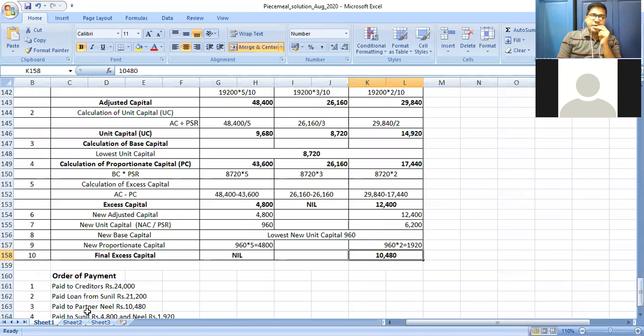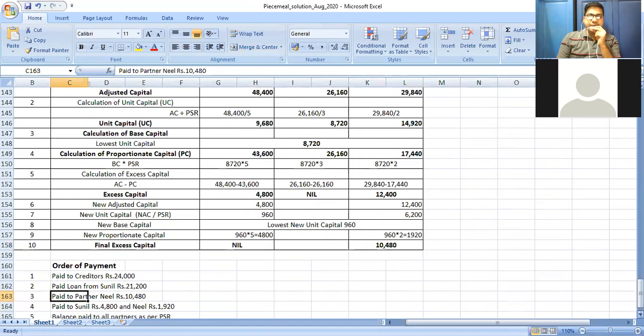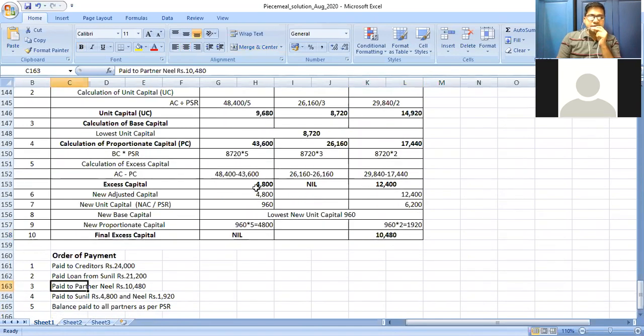The same amount we have to pay to Neil after the payment to Sunil. After paying the final excess capital, we will consider the before final excess capital, some excess capital held by Sunil, and 12,400 held by Neil.